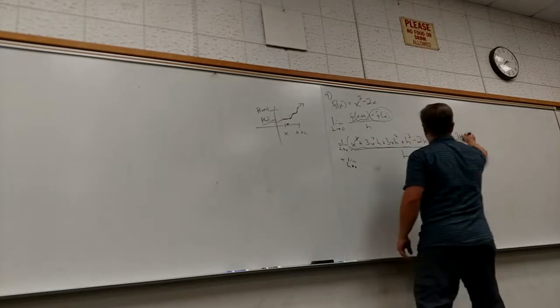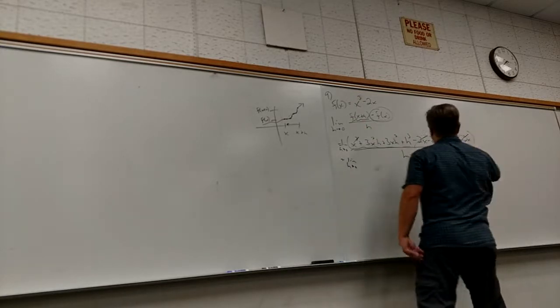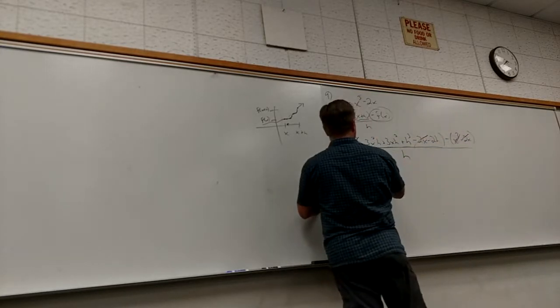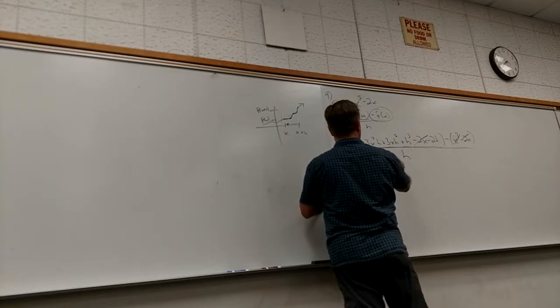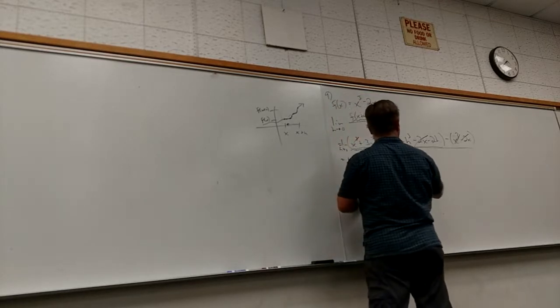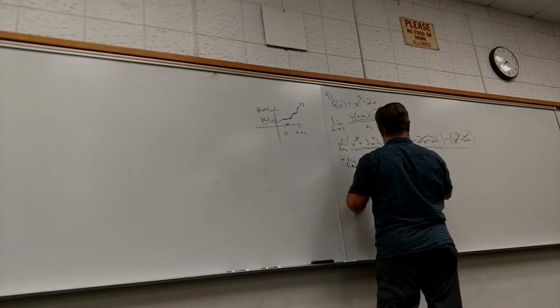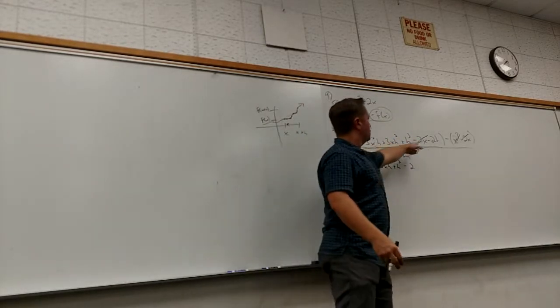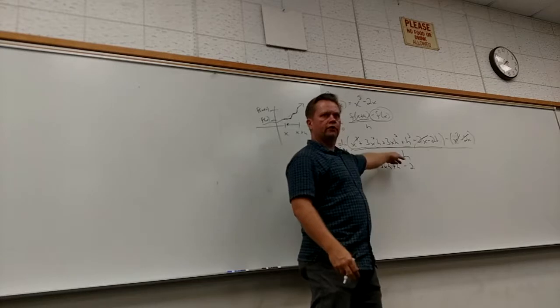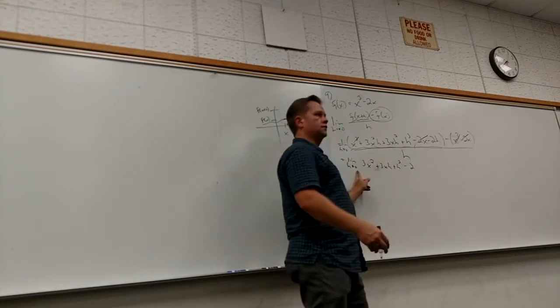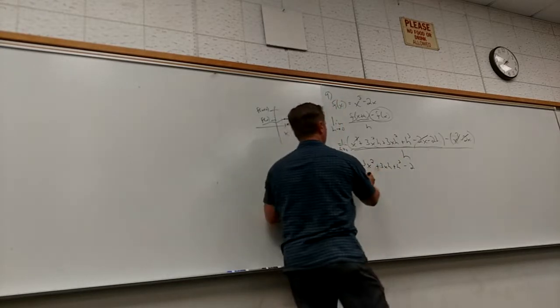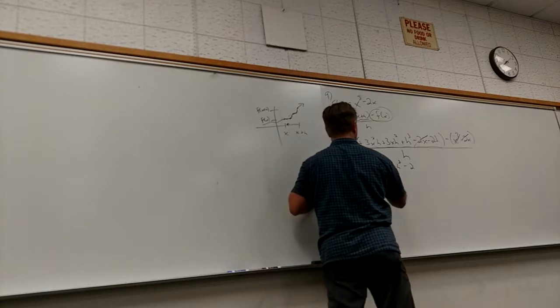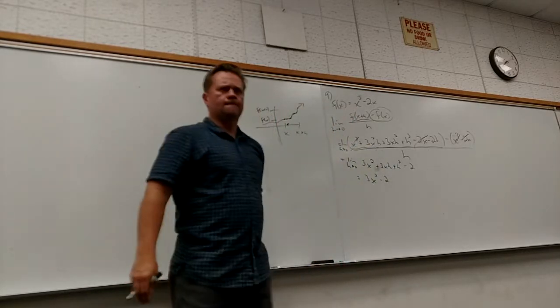Now I can divide everything by h. Everything loses an h. Divide everything by h, and now you do get 3x squared minus 2 the correct way.